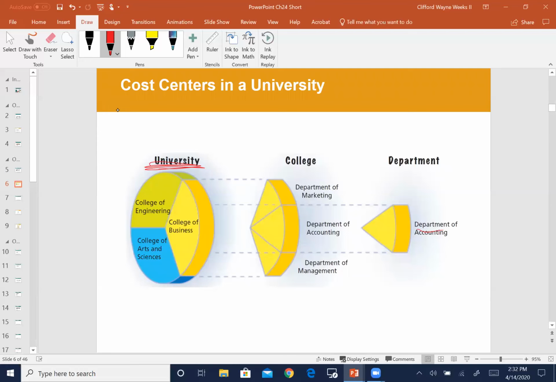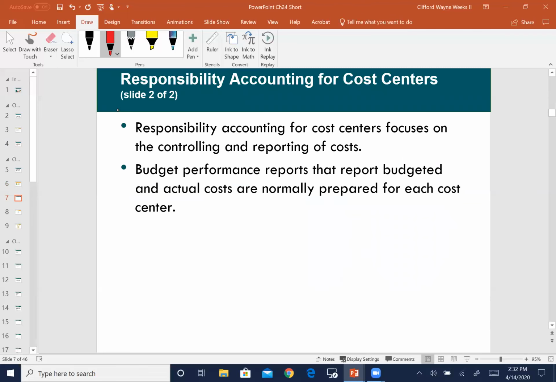But I'm just responsible for the costs that my department incurs. Whereas the College of Business is also not responsible for going out and generating revenues. They're just responsible for the cost of the College of Business, and so on and so on. And so responsibility accounting for a cost center focuses on the controlling and reporting of costs.